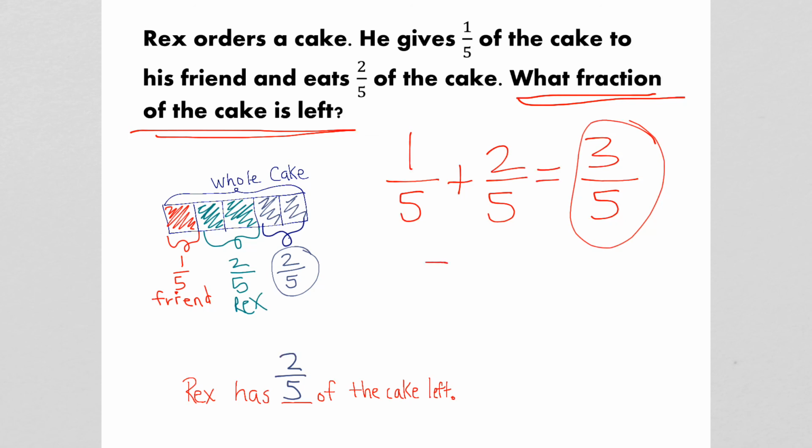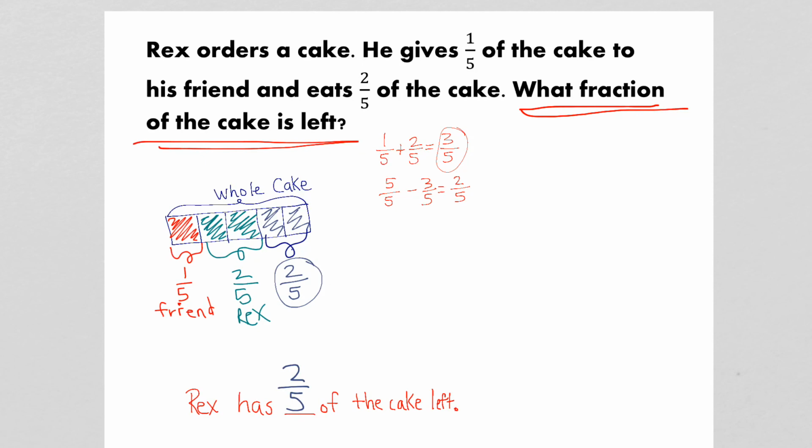We know that there were 5 of 5 pieces to start with. That was the whole of the cake. And then we subtracted what was eaten to get what was left. And our answer was 2/5.